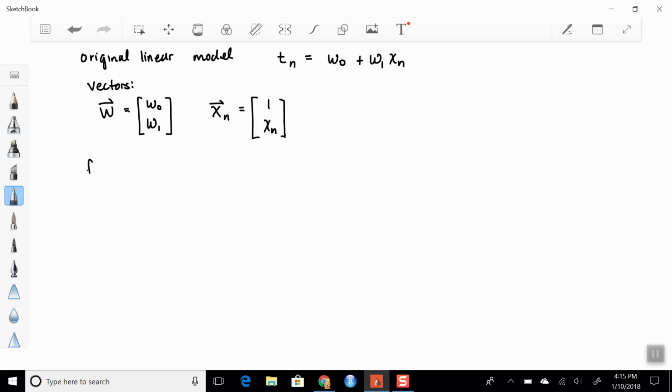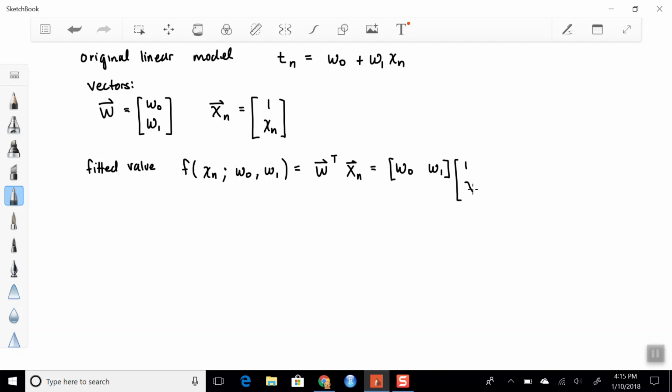Okay, and so our fitted value, which is a function of the value xn given parameters w0 and w1, is equal to w transpose xn, which is equal to w0 plus w1 times xn, and doing matrix multiplication, we get w0 plus w1 xn. So that's exactly what we want.